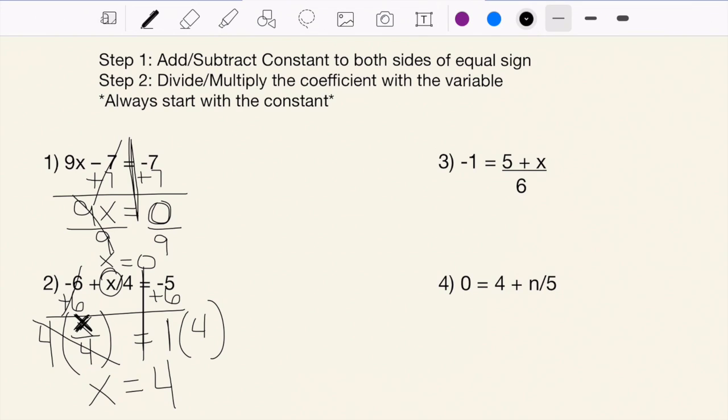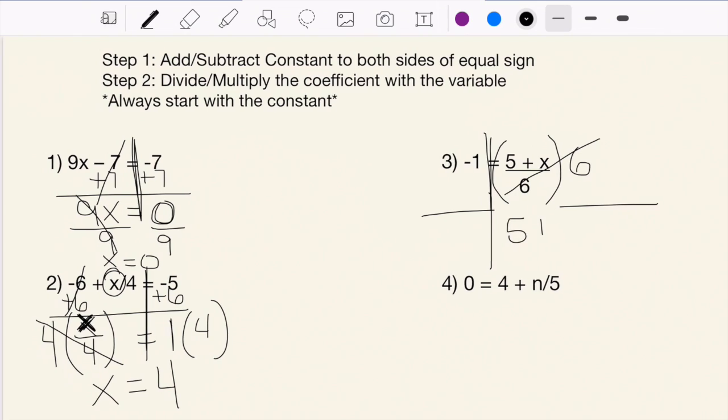So what I'm going to do in this case, this one's an exception to this rule, is I'm going to multiply by 6 first, because that divided by 6 is kind of blocking us from getting to that 5. We can't quite do anything with that 5 until we get rid of that 6. So when I multiply, I'm left with 5 plus x.